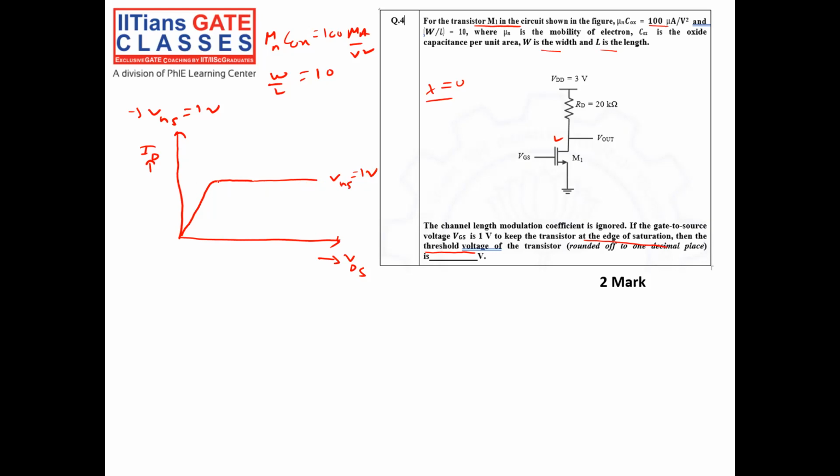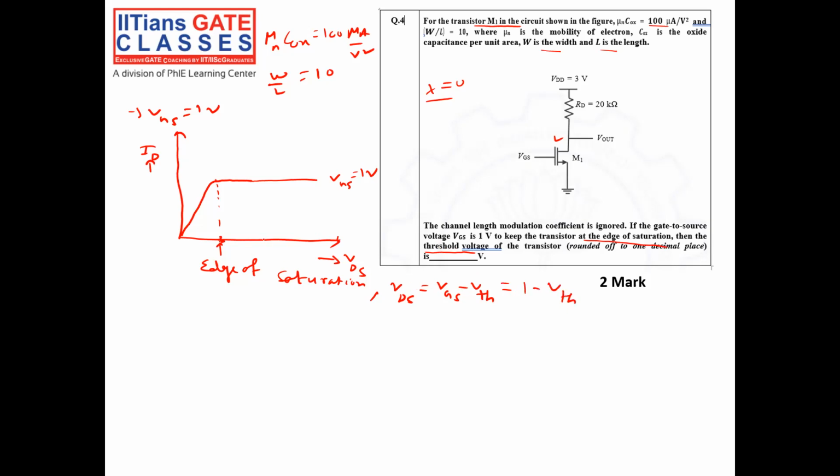The point where the current starts saturating is called the edge of saturation. At this point, VDS is equal to VGS minus VTH. VTH is nothing but the threshold voltage. In this question, VGS is already given as 1 volt, so 1 volt minus VTH.